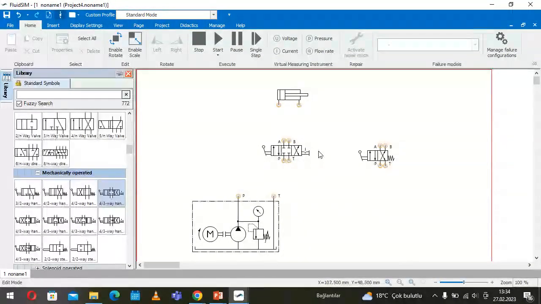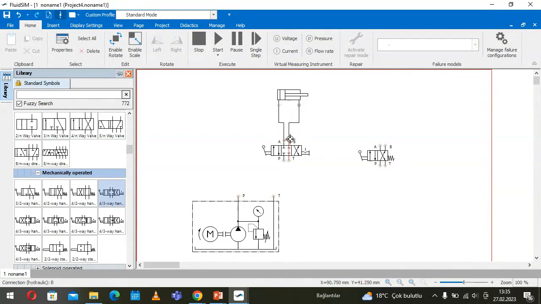Okay, then in the middle position, you see all the ports are closed. I mean, P, T, A, B are closed. And therefore, there is no flow of fluid in any direction, neither from the cylinder into the tank nor from the power unit into the cylinder. Not possible, like you see here now.